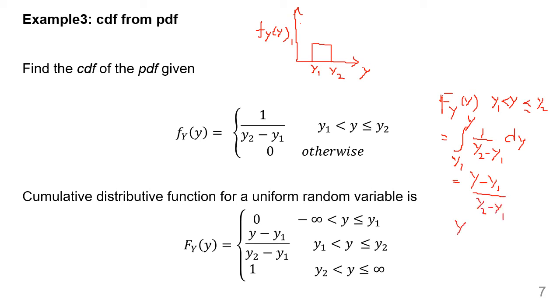For all values of y greater than y2, F_Y(y) is given as 1. So therefore, F_Y(y), that is the CDF, is defined as 0 for all values of y less than y1. F_Y(y) is defined as y minus y1 divided by y2 minus y1 for all values of y between y1 and y2, and it is 1 for all values of y greater than y2.